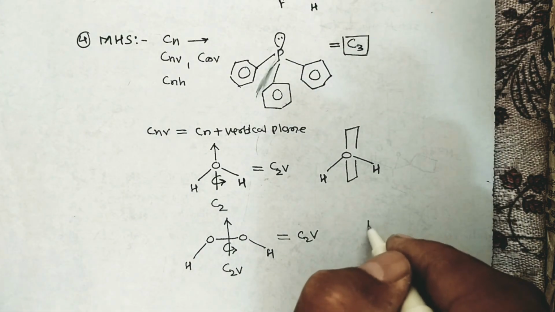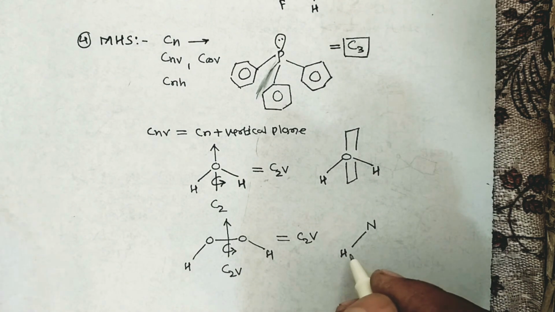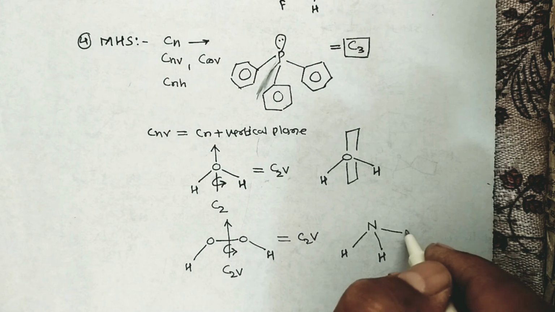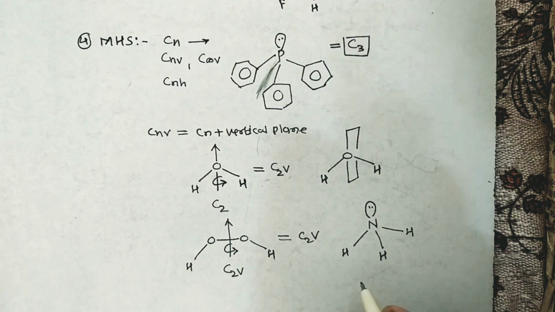Ammonia molecule, NH3, contains a C3 axis plus a vertical plane. So the point group is C3v.